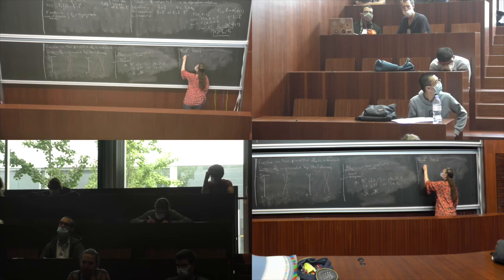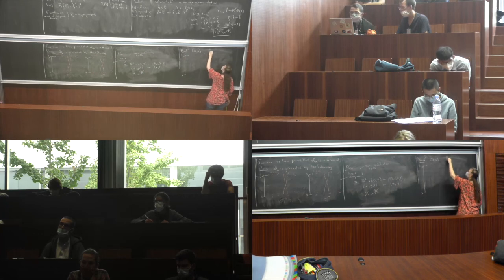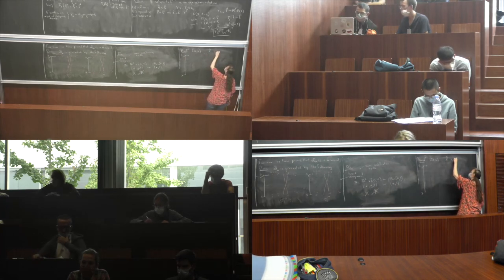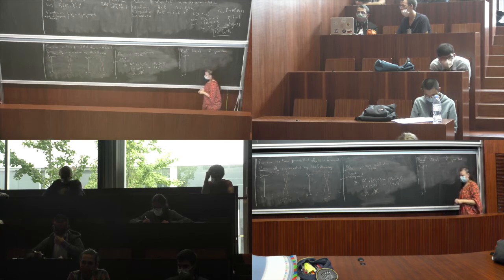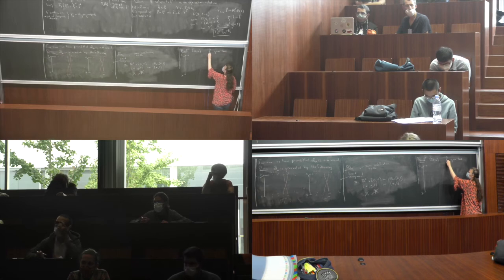So you pick the braid you want to look at. So given B, a geometric braid, you take a representative, so something isotopic.